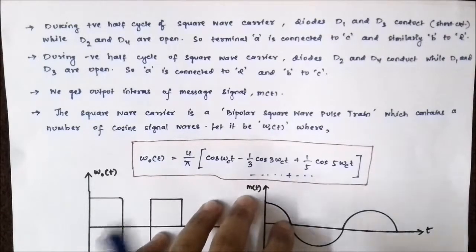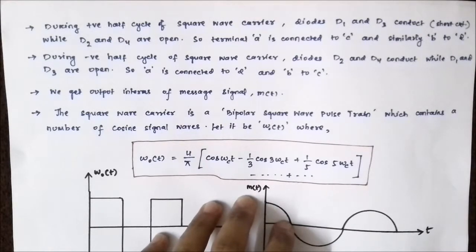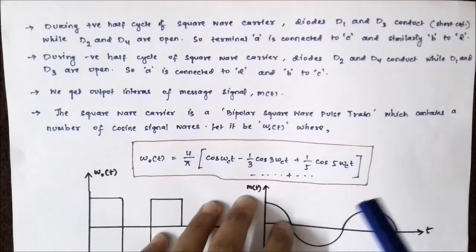Next, during the negative half cycle of the square wave carrier, diodes D2 and D4 conduct because they are forward biased. Because the N ends of D4 and D2 are connected to the negative polarity of the square wave carrier, while the P ends are connected to the positive polarity.